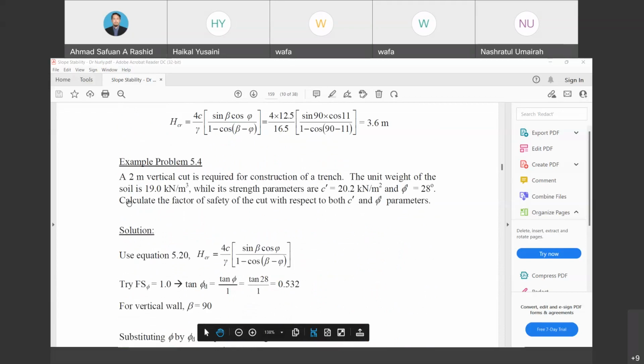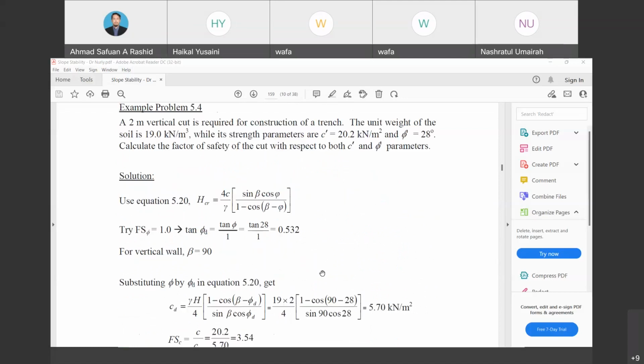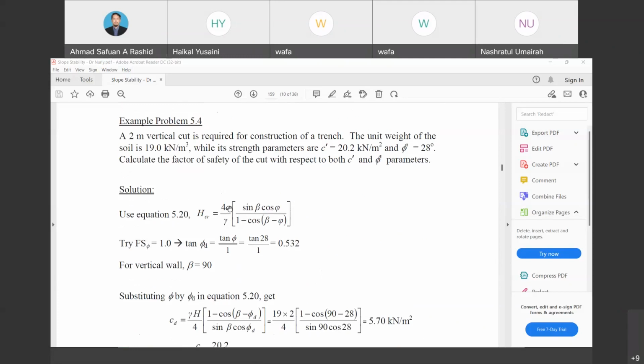So how could we determine the factor of safety? First, using the HCR equation, we already know that HCR is equal to 2. But we need to determine what C is.